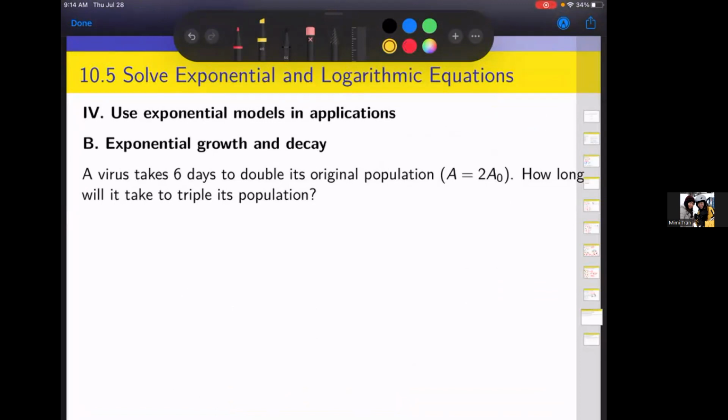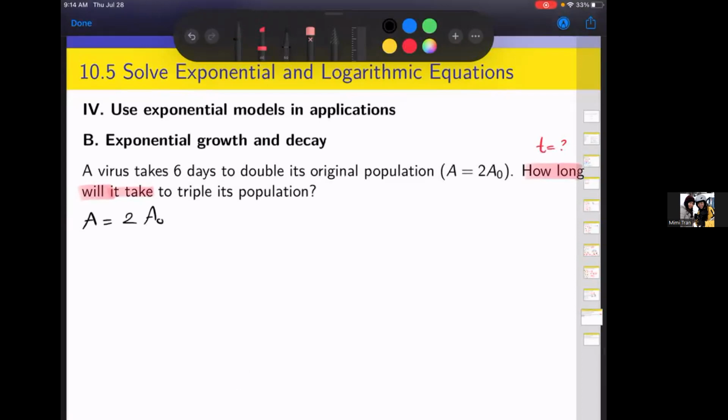So they're asking for what variable here? What variable am I solving ultimately? How long? So T, right? We want T. So let's do a little summary. I know that the final amount of virus is double the initial amount.